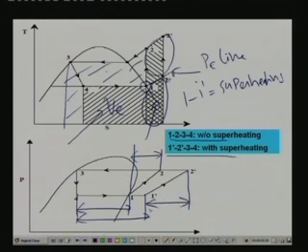And this will always be greater than this one, because we shall see later that these lines, the isentropes, diverge as you move into the superheated region. As a result, H2 dash minus H1 dash will be greater than H2 minus H1. That is very evident from this TS diagram. So we have one positive effect, that is we are getting higher refrigeration effect, and one negative effect, that is higher work input. So ultimately, whether it is good for the performance or not, let us see that.